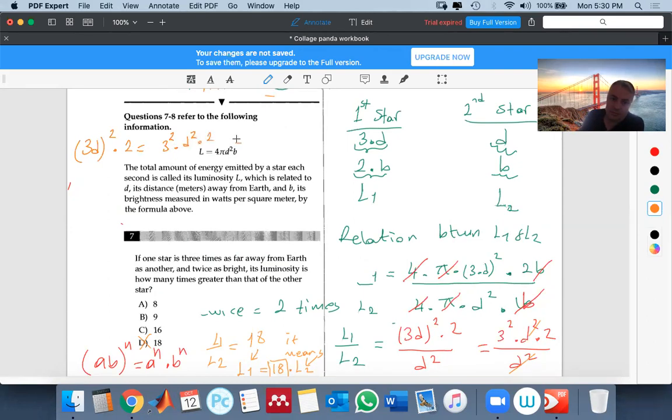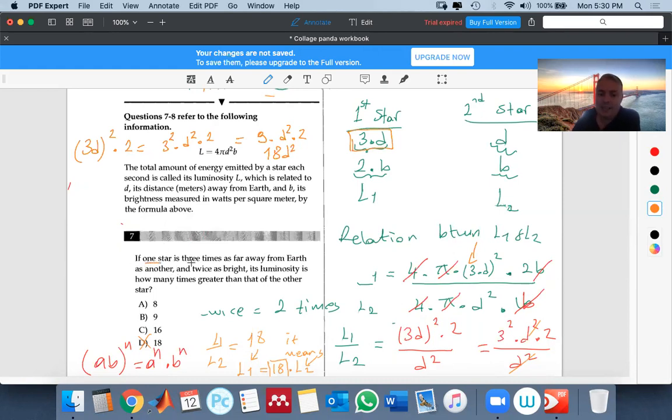Mister, just one question. Where did that 3 come from? That 3 times D squared. One more time, where did that 3 come from? Yes, from the question. Let's look.